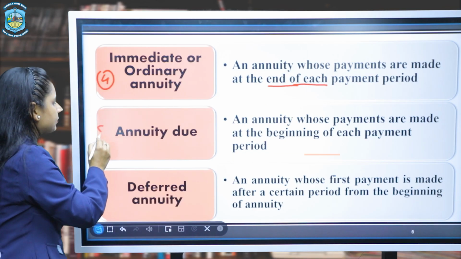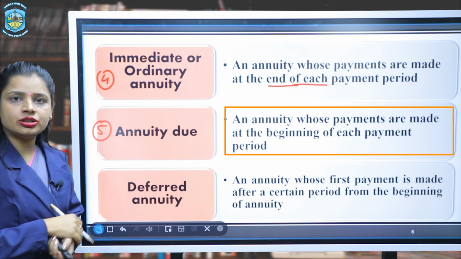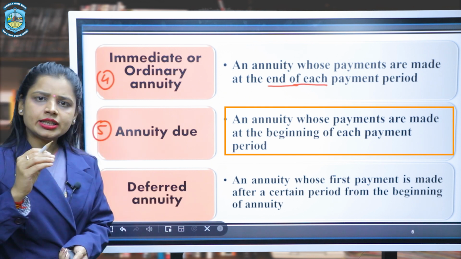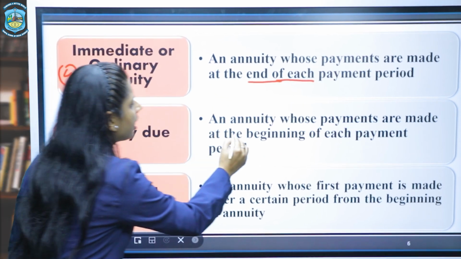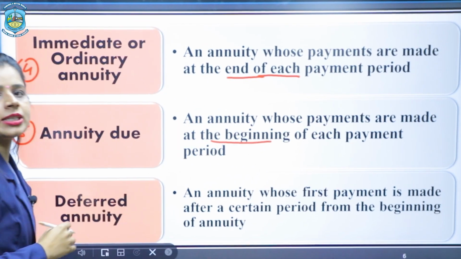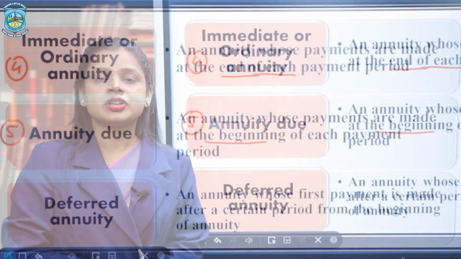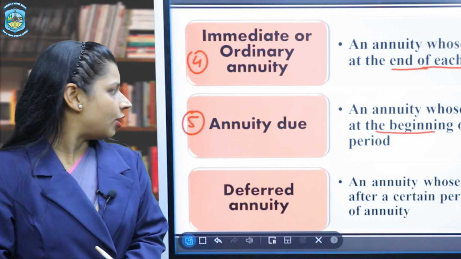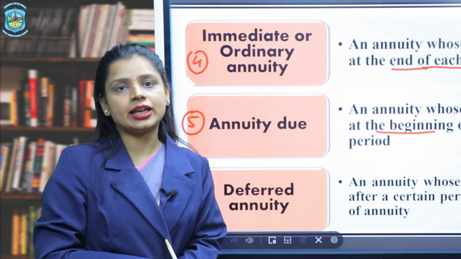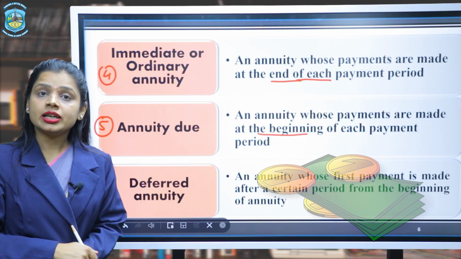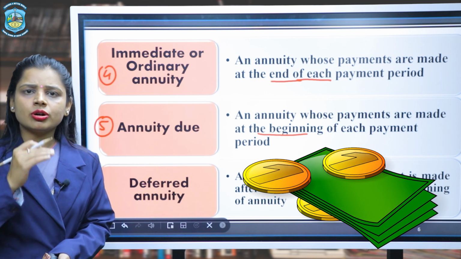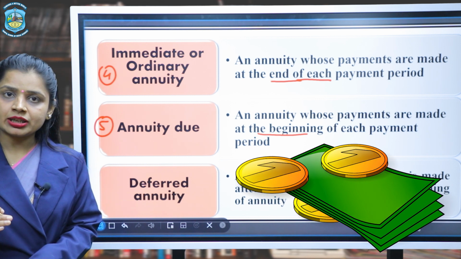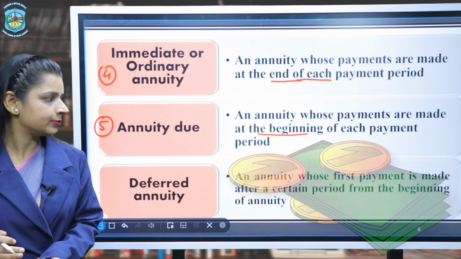The fifth type of annuity is annuity due. It is an annuity whose payments are made at the beginning of each payment period. A common example of annuity due is rent payment, paid at the beginning of every month, as landlords often require payment at the start of the month.